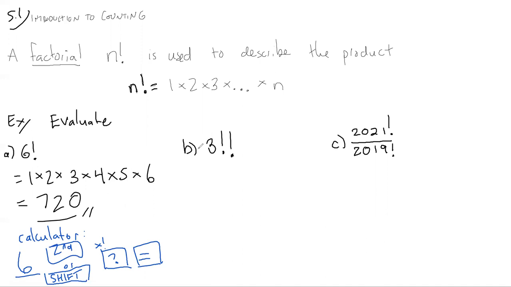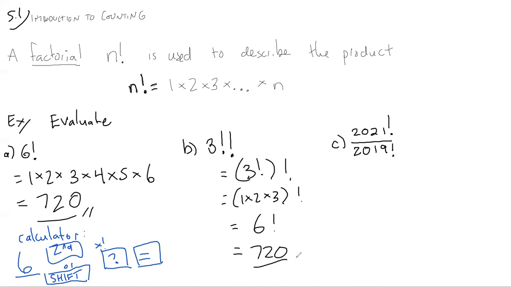Okay, 3 factorial. So what we would do here is just do one thing at a time. So 3 factorial and then my factorial. So 3 factorial is going to be 1 times 2 times 3, which is 6, and then 6 factorial. We've already figured out 6 factorial from part A, and that should be 720.